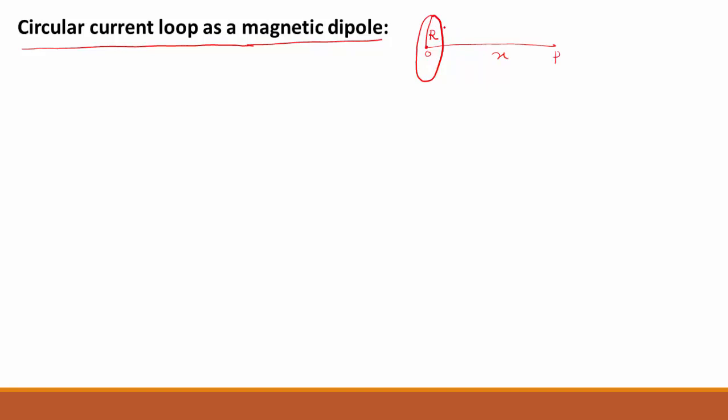In unit 1 we have already studied the electric dipole and electric field, the electric field due to an electric dipole on the axial line. You know the formula.